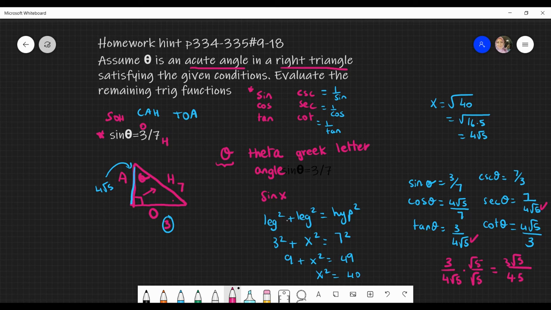So square root of 5 times square root of 5 is just 5. And that gives us 3 square root of 5 over 20. But that's okay for now if you didn't rationalize it. So this is how we can find all the remaining 5 trig functions given one of them.